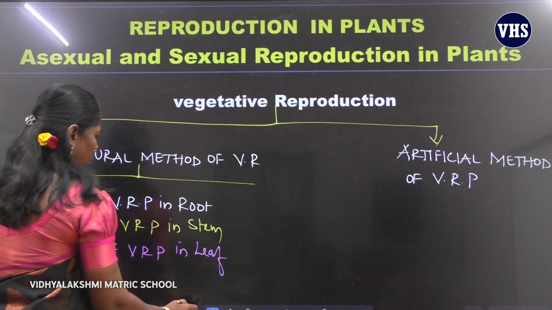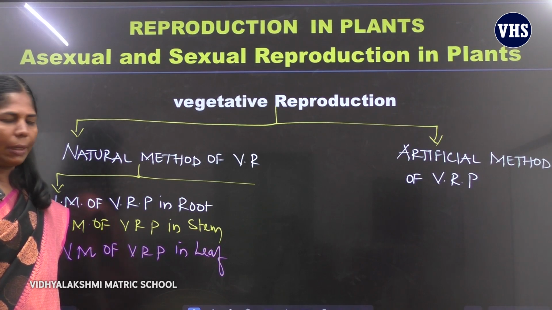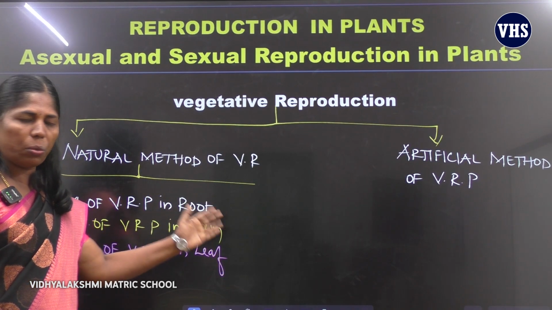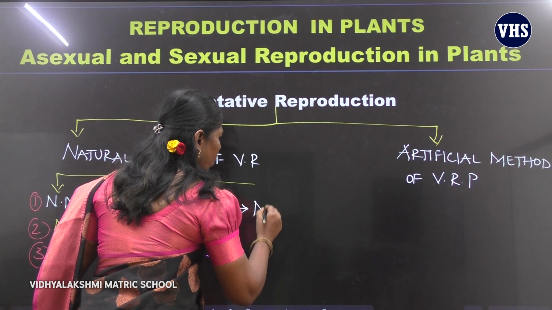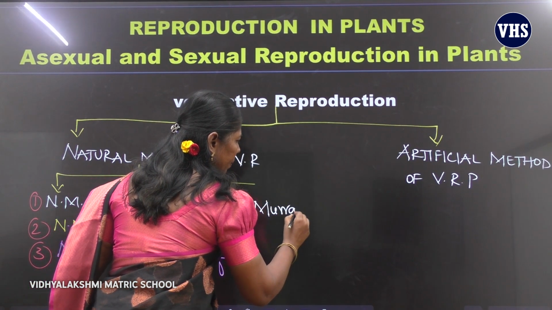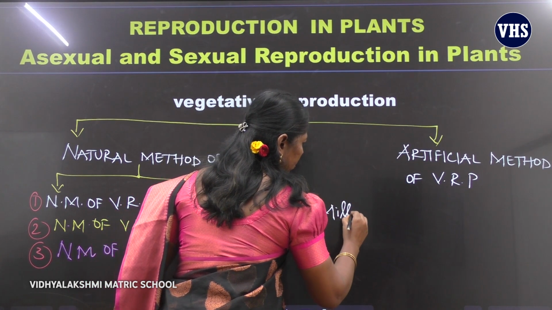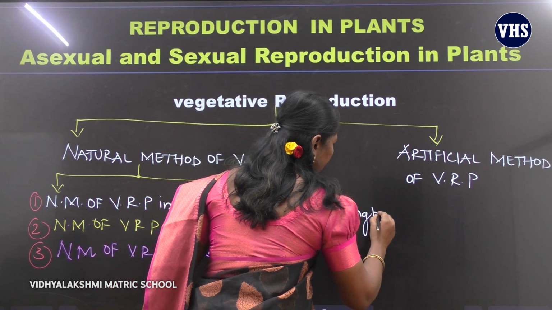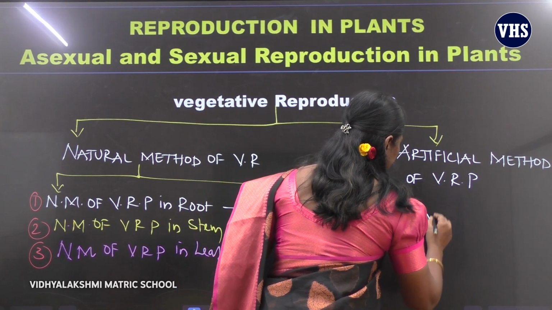So this is your number 1, 2, 3. What are the examples? For the natural method in root, the examples are Murraya, Millingtonia, and Dalbergia.